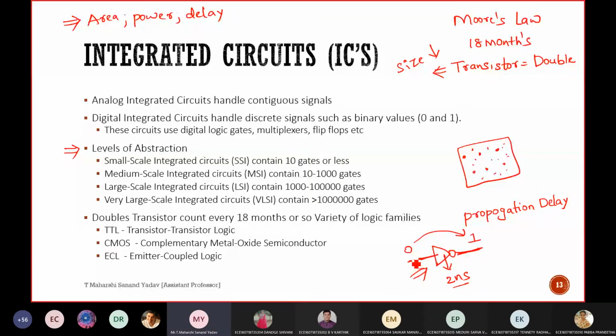If more wires are there, the time it takes for the information to transfer will also increase. Generally, any wire will have a delay, which is called tau. What is time constant? I think you might have calculated all these values in clampers. Tau, what is tau?